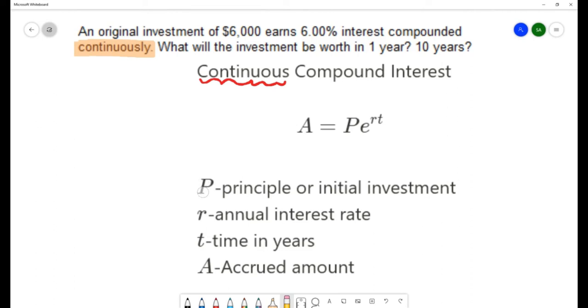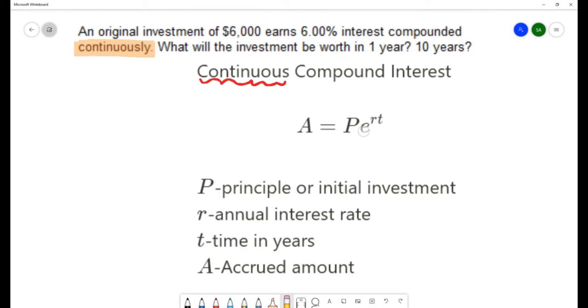We have P, which is the principal or the initial investment. R is the annual interest rate. T is time. And A is the accrued amount, how much money we have after that period of time.